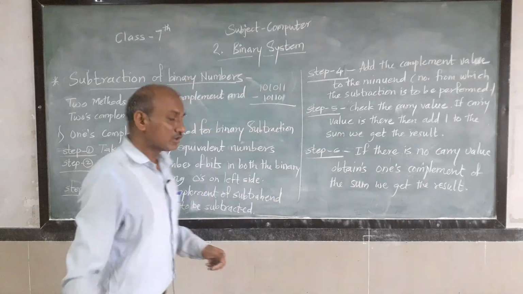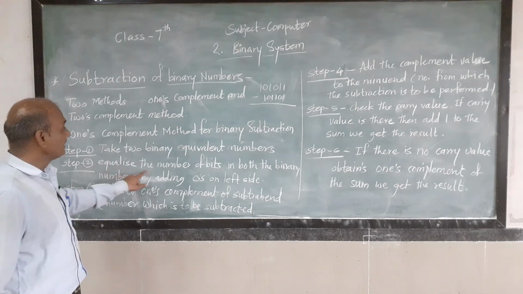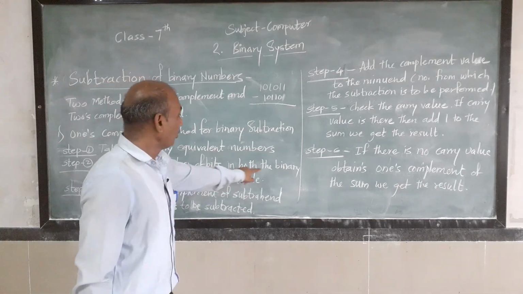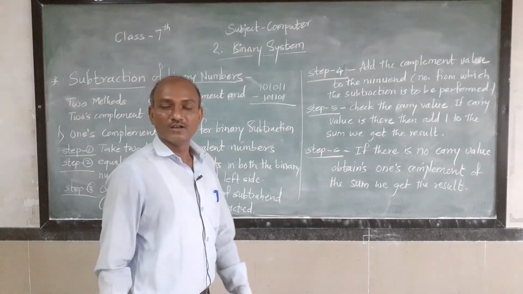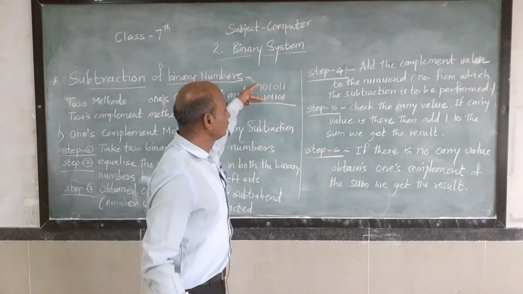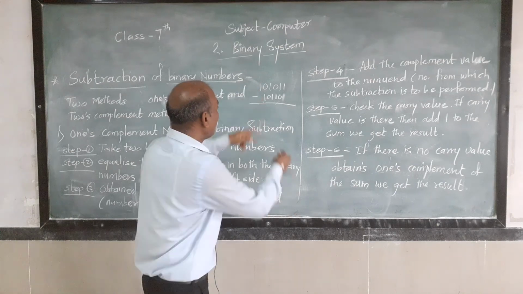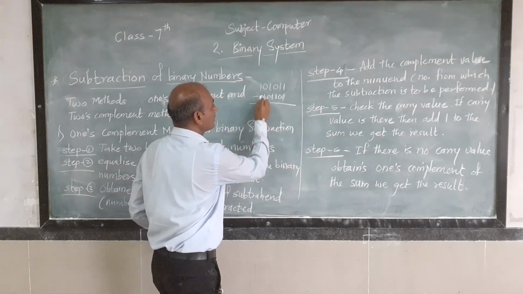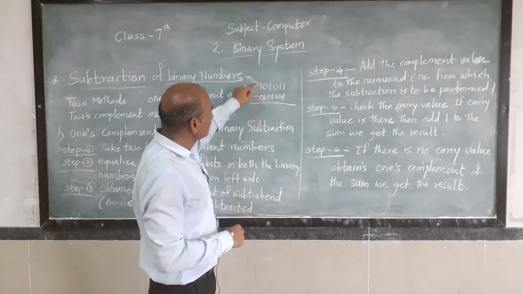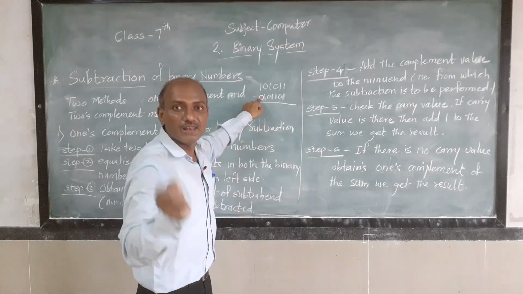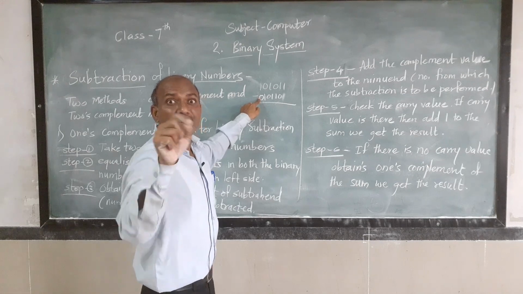Then what is our second rule? Equalize the number of bits in both the binary numbers by adding zeros on the left side. How can we equalize these 2 binary numbers? By adding a 0 on the left side. Now these 2 binary numbers are equal in bits.